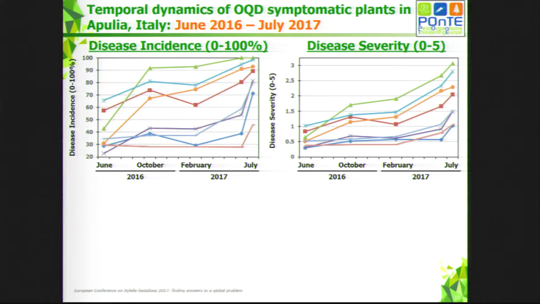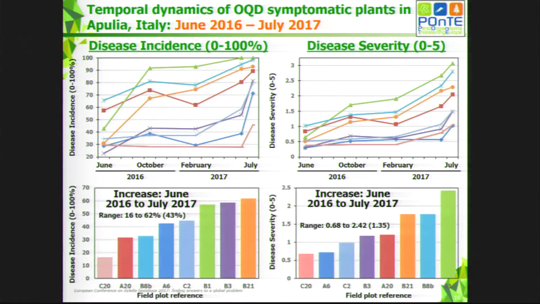This is a first overview of the results. In this panel is represented the disease incidence, that is the percentage of affected trees, independently of the quantity of disease they show. And here you have the disease severity in this scale from 0, no symptoms, to 5, dead trees. As you can see, there is a progression in both parameters, particularly in disease incidence, but also in disease severity, over time.